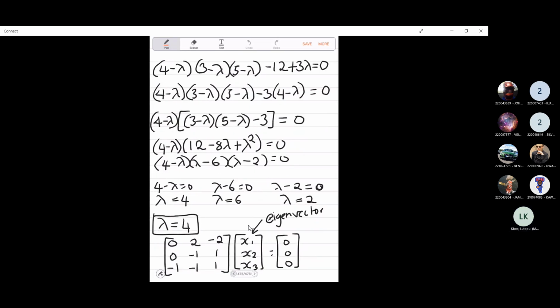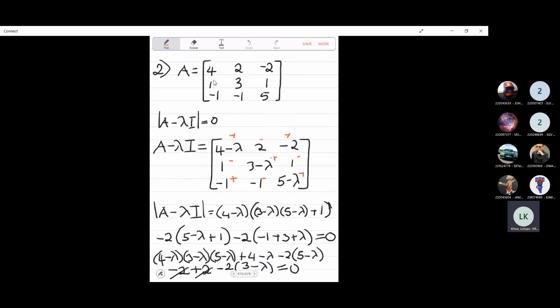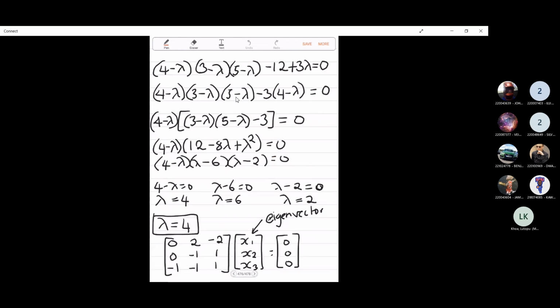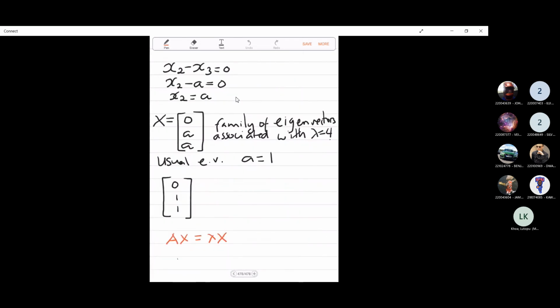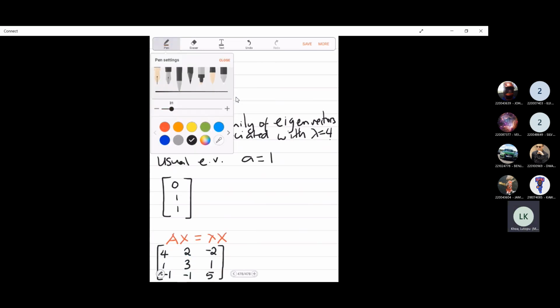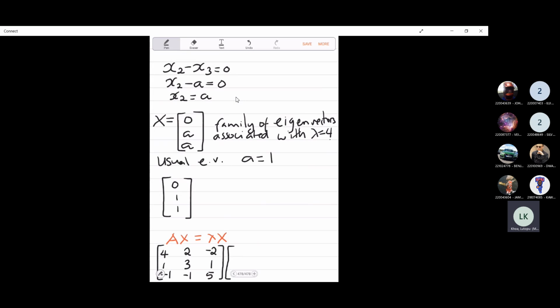What's that? This one here, and then you multiply it, so we have our matrix A over there, and then you multiply it by this matrix here, 0, 1, 1, like that.